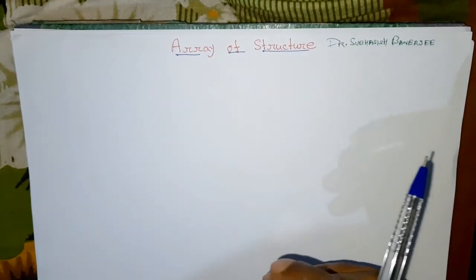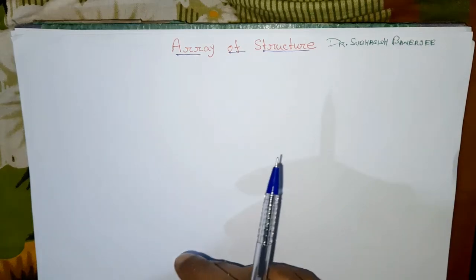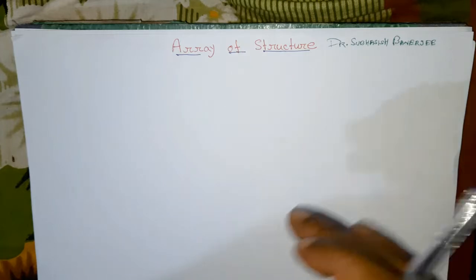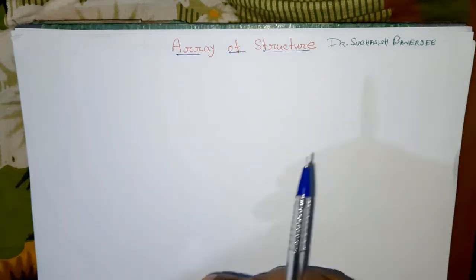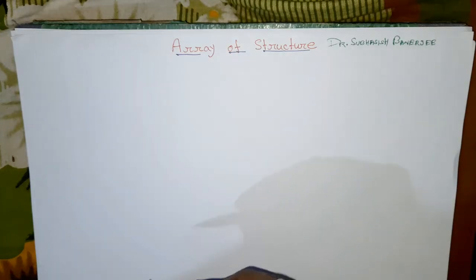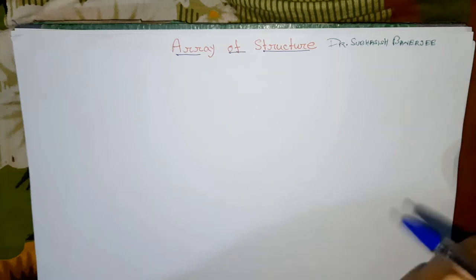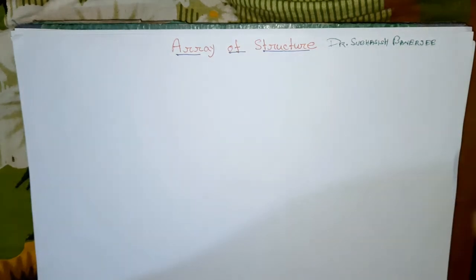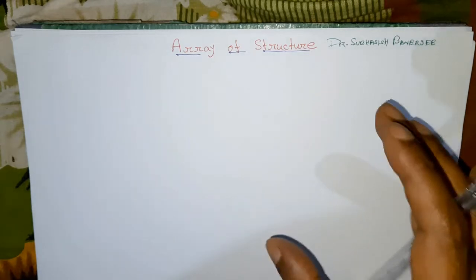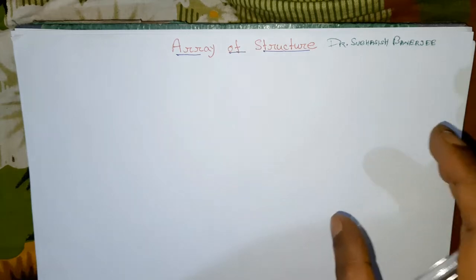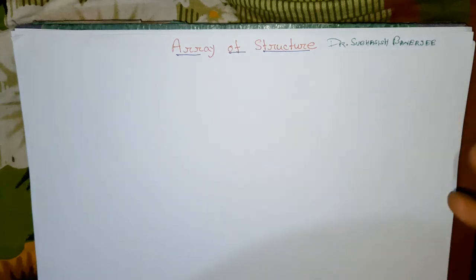So far we have seen that at the time of defining a structure, we must specify what data elements are going to be stored. Suppose we are going to store a record about a student. The student should have some name, some roll number, some marks. And to store the record of each individual student, we need structure variables or instances. In the last lecture we saw how to store the records of 2 or 3 students.